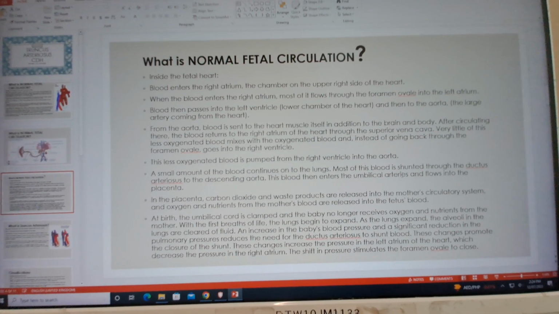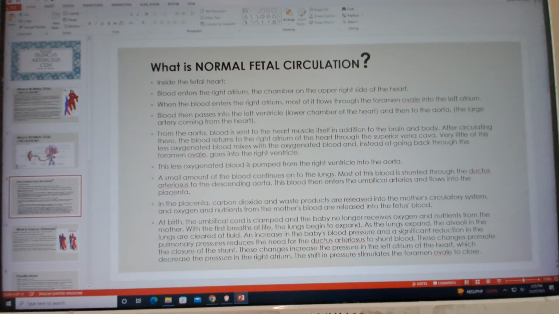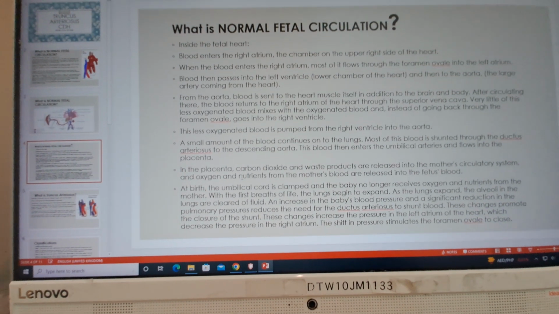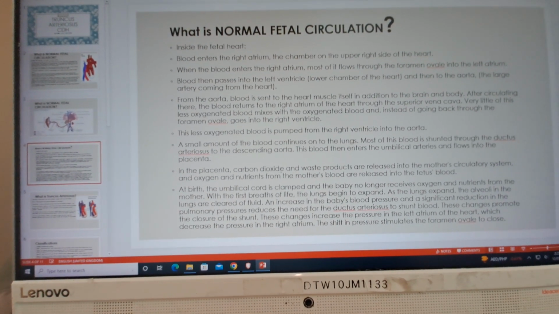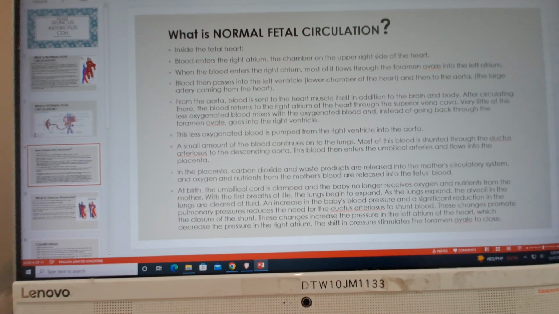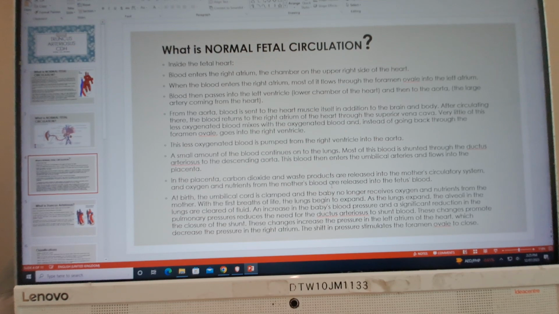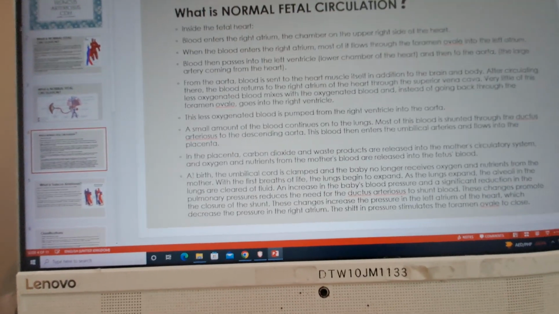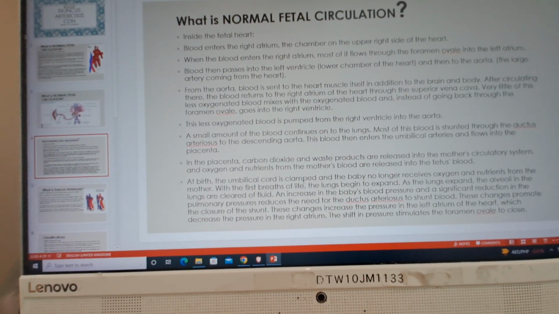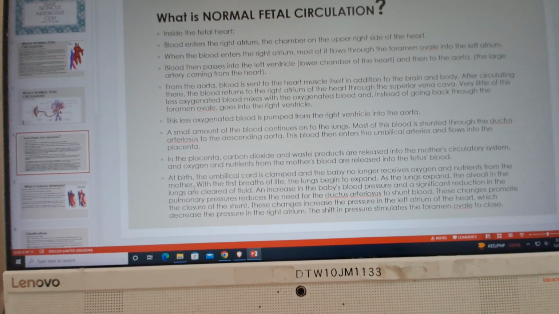This blood enters the umbilical arteries and the flow is completed, connecting again to the placenta like a filter. In the placenta, carbon dioxide and waste products are released to the mother's circulation, and the oxygen and nutrients are taken from the mother. At birth, the umbilical cord is clamped and the baby no longer receives oxygen and nutrients from the mother.